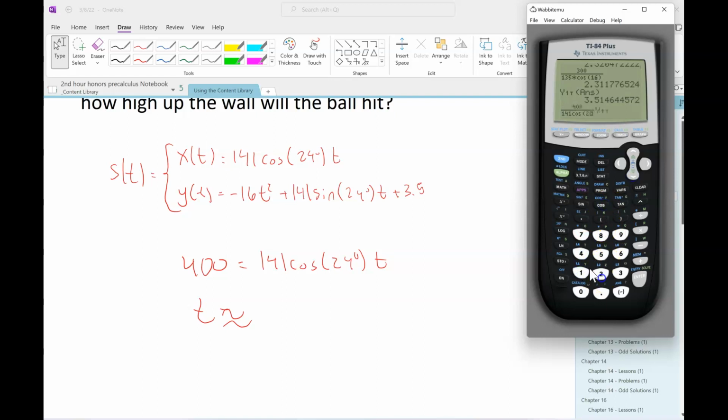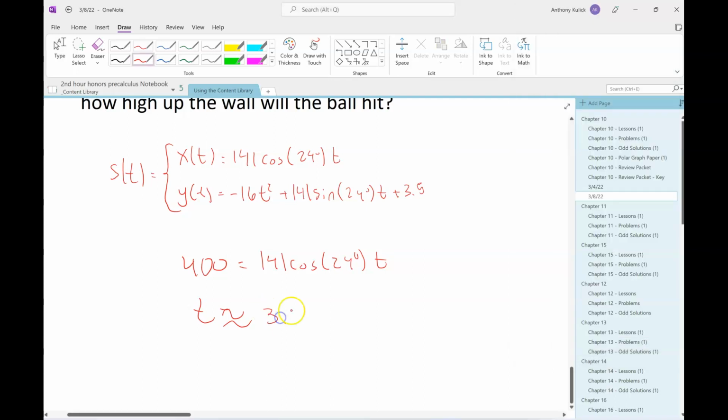So it takes 3.1 seconds to get to the wall. And then I just need to go to vars, y vars, parametric. Then I did y3 of t. So I'll plug that in there. So it gets 27 feet.